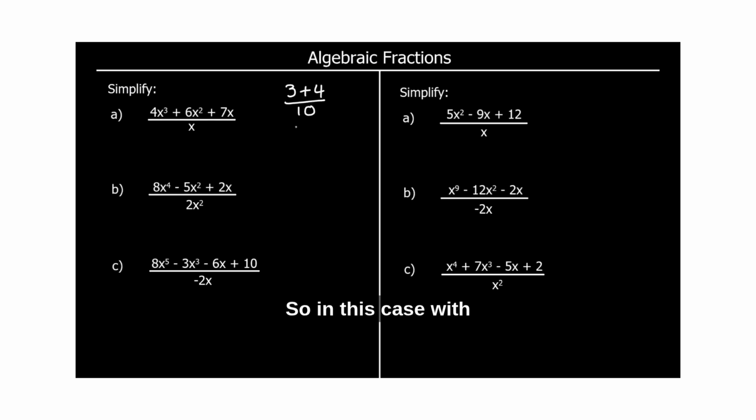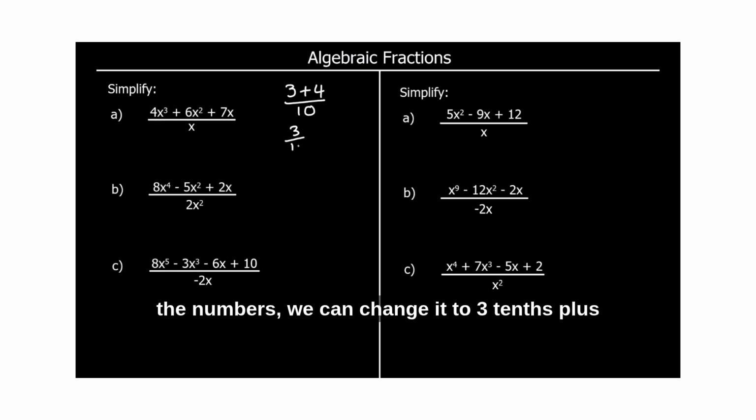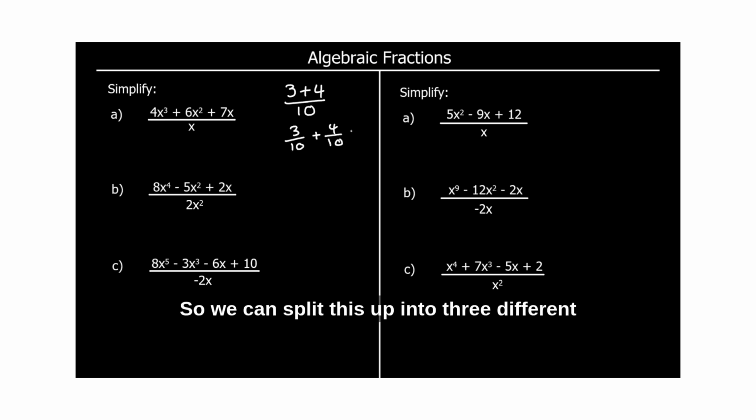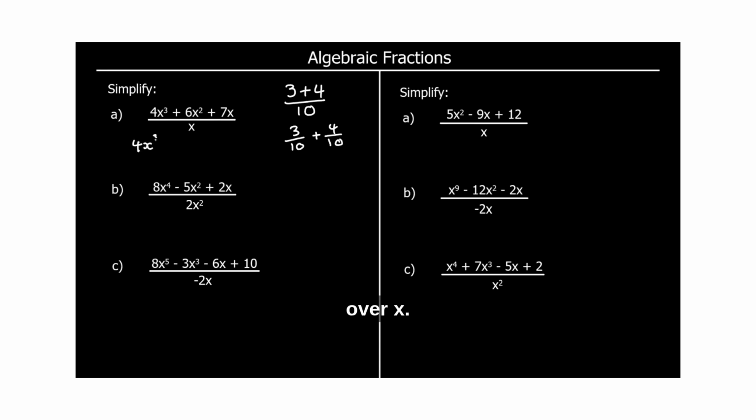So in this case with the numbers, we can change it to 3/10 plus 4/10. So we can split this up into three different fractions. We can say we've got 4x cubed over x, we've got 6x squared over x, and we've got 7x over x.